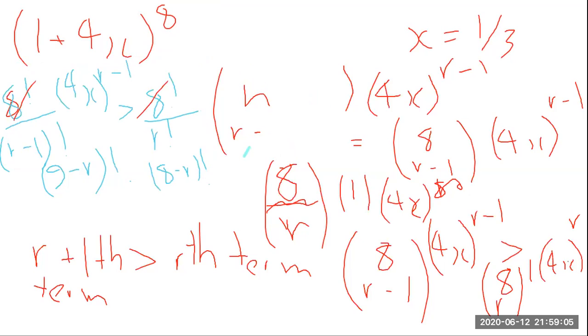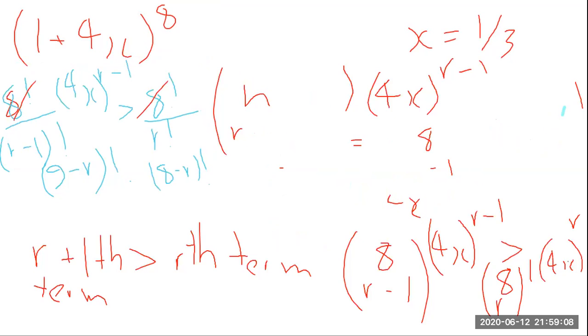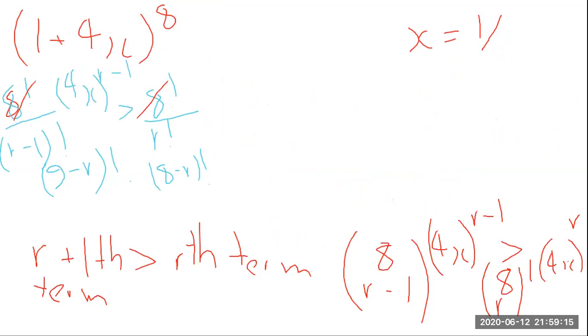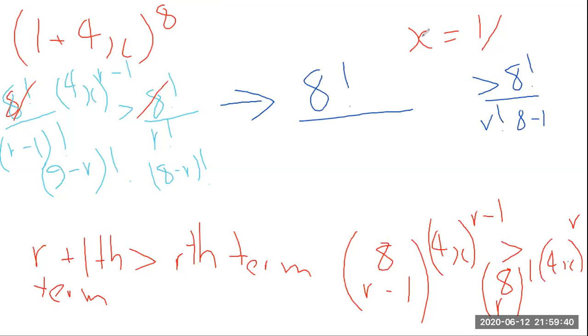Okay, so 8 factorial over r factorial (8-r) factorial, (4x)^r, and then on this side we have (r-1) factorial (9-r) factorial.